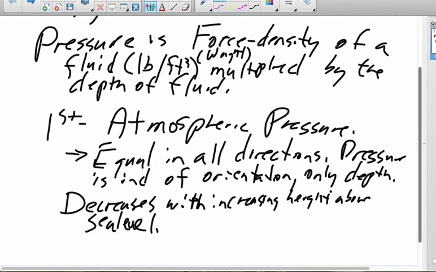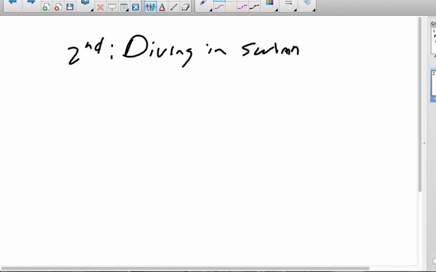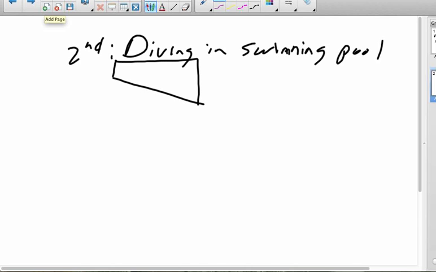All right, the second example then is diving in the swimming pool. And I'm sure you've all swum in a swimming pool. All right, so if we've got a swimming pool, and this is the depth of water.